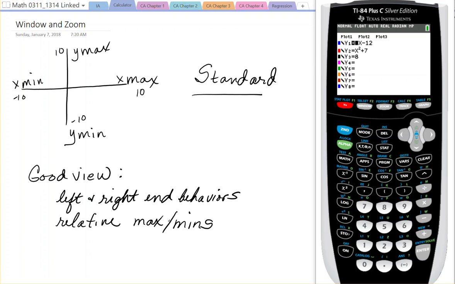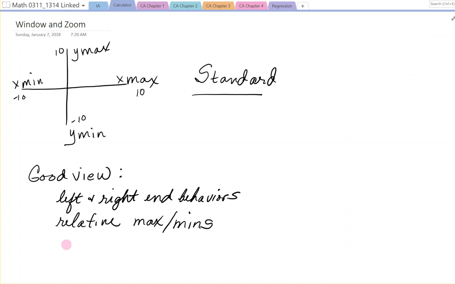If there are any maxes or mins, and usually I'm talking about tops of hills and bottoms of valleys, you would need to see them. You would need to also see the intercepts, where it crosses the y-axis and where it crosses the x-axis.